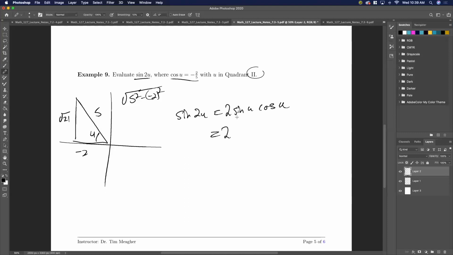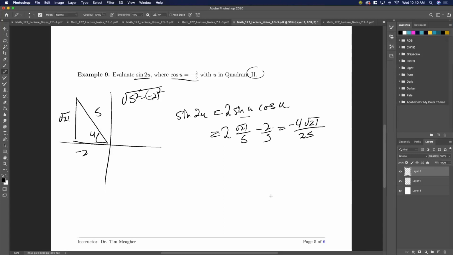It will be 2 sine of u. What's sine of u? Well, that's square root 21 over 5. What is cosine of u? Well, that's right here, minus 2 over 5. And so if I put this all together, I'll get minus 4 square root 21 over 25.